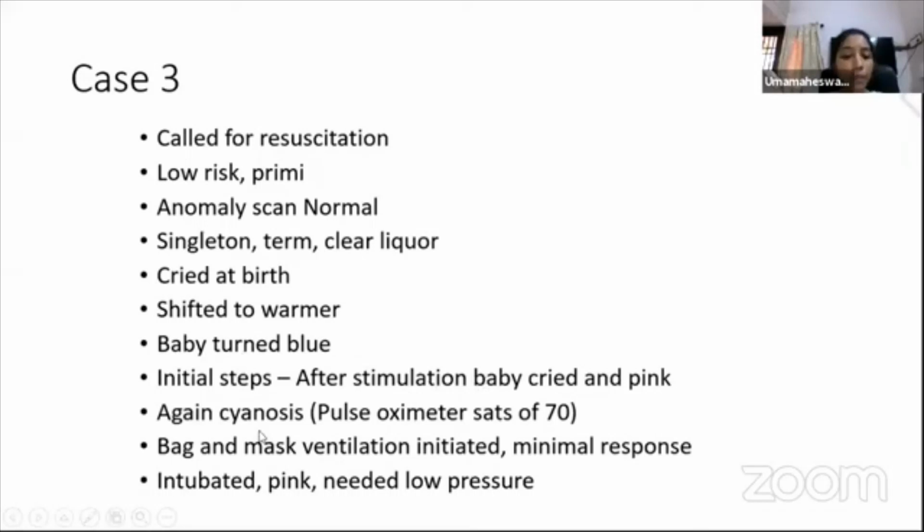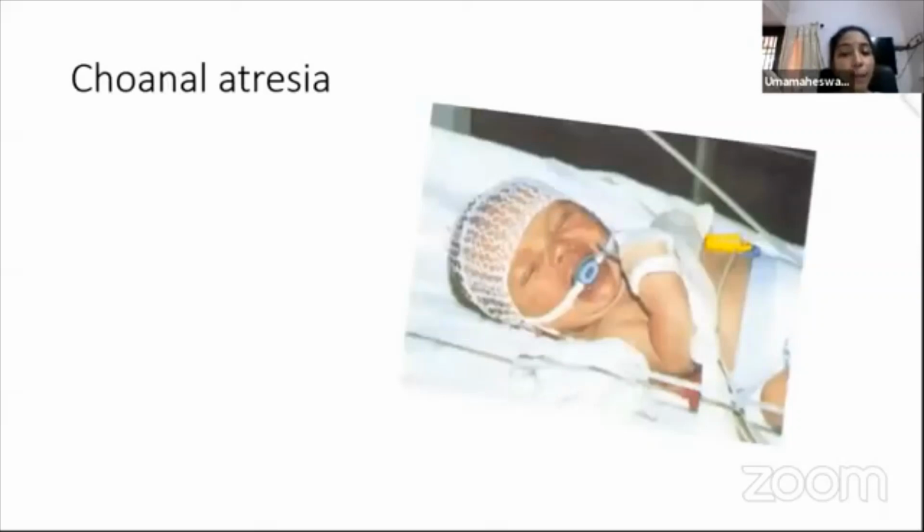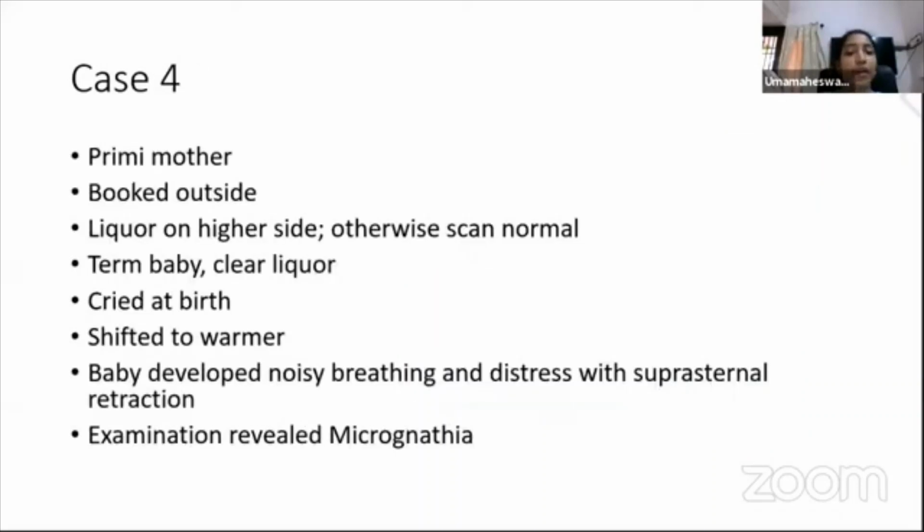So whenever the baby is crying louder, the baby is having good efforts, but when the baby is calming down, baby is becoming cyanosed. So one has to suspect at this point, we have to pass NG tube through both the nostrils to clinch the diagnosis of choanal atresia, because simply placing an oral airway would be a solution rather than giving bag and mask or doing intubation for this particular neonate.